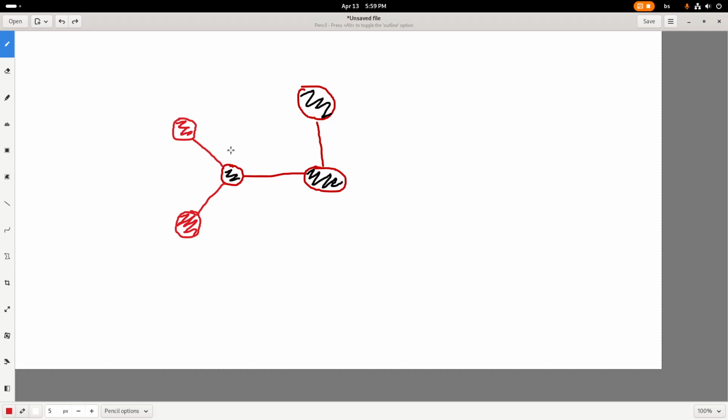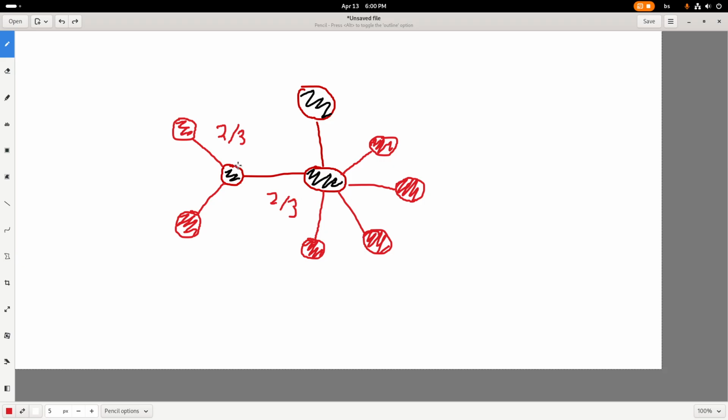Okay, so the ratio of this one would be 2/3, and then this one has maybe 4. And the ratio of this one is again 2/3.